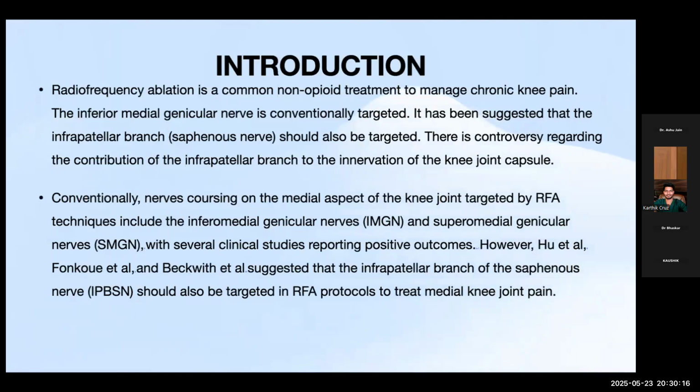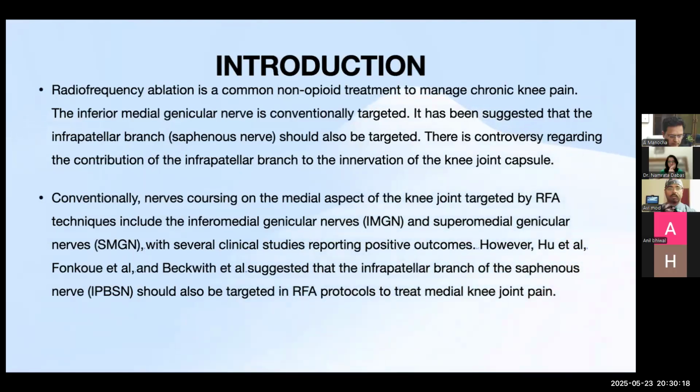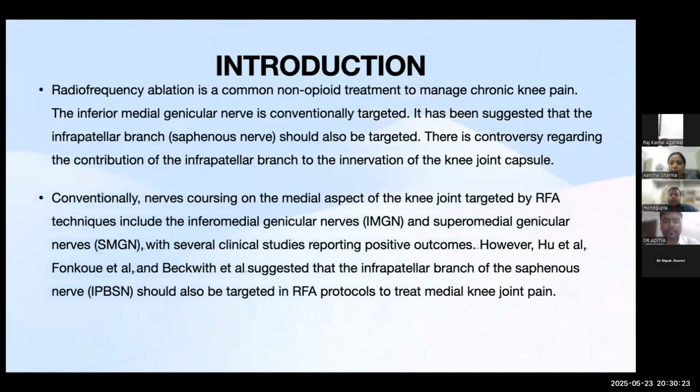One second, ma'am. How to get the cursor? I'm not able to get the cursor. Can you do it now? Dr. Mohit, are you able to move it now?